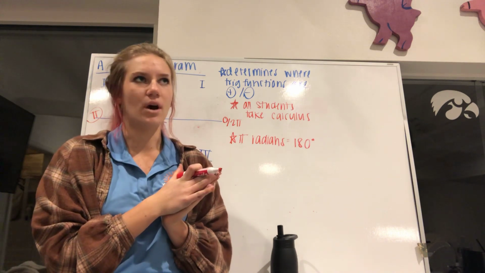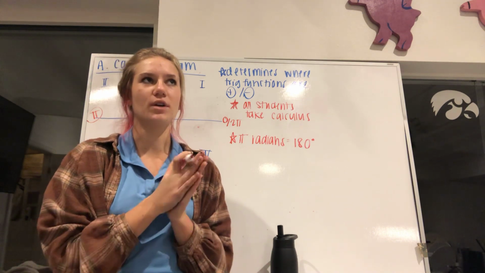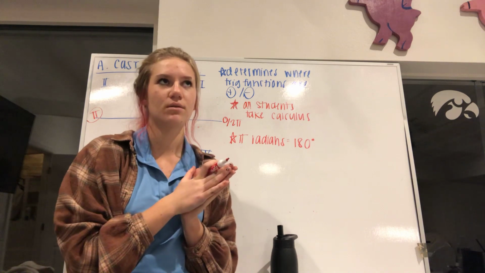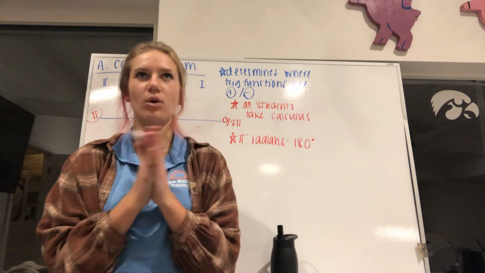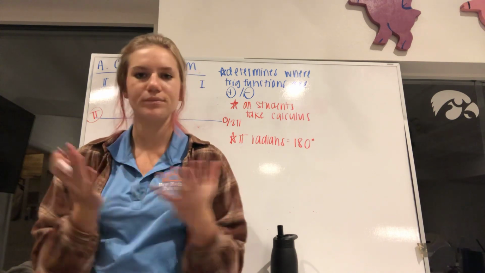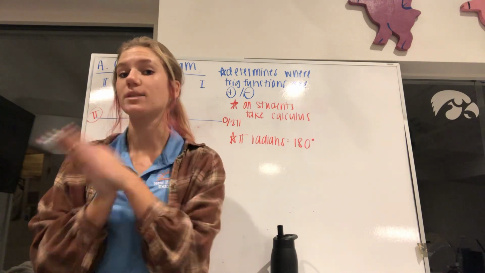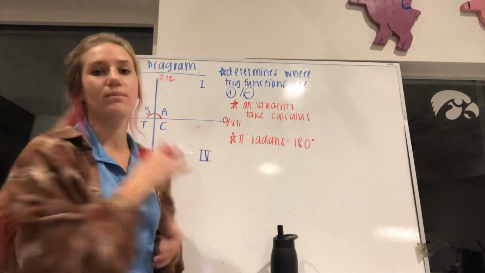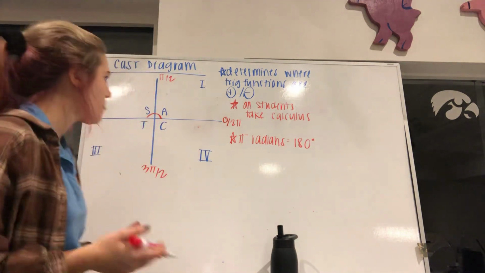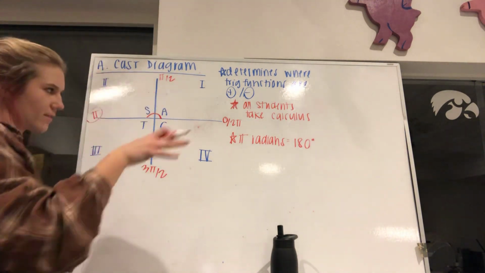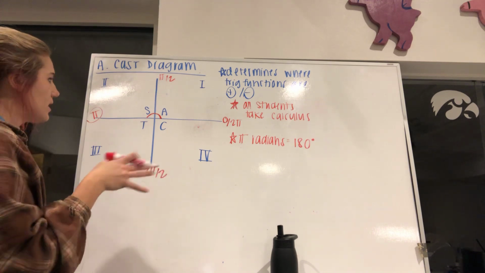So that'd be like a degree is an inch and a radian is a meter, something like that. Degrees are a lot smaller than radians, but like I said before, they're measuring the same thing. So yeah, that was just a side note that I wanted to make sure we understood.